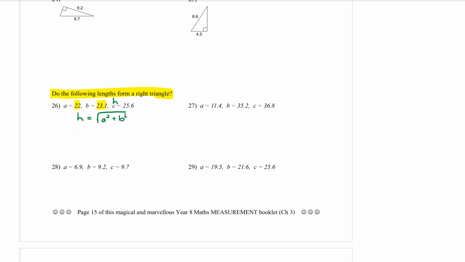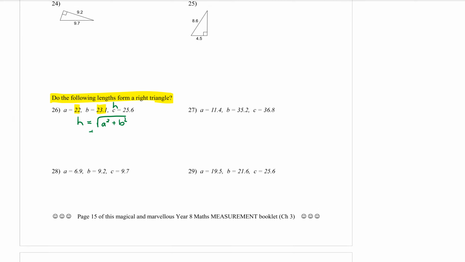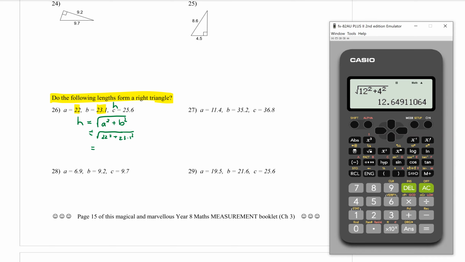Okay, so let's sub in. A is 22, so 22 squared, and B is 23.1, and I square it. When I type that into my calculator, I get? Let's find out. I get 31.9.